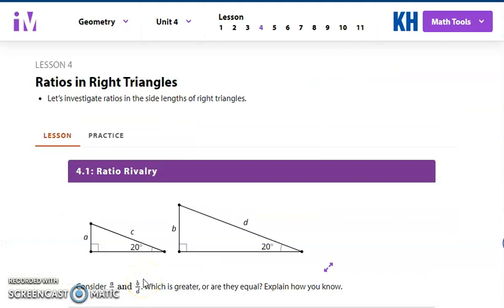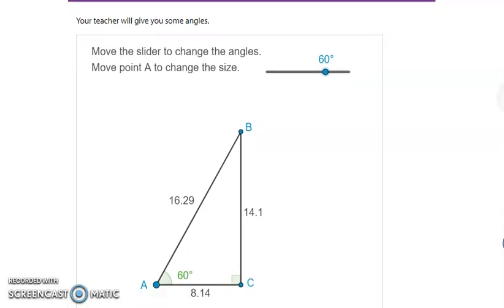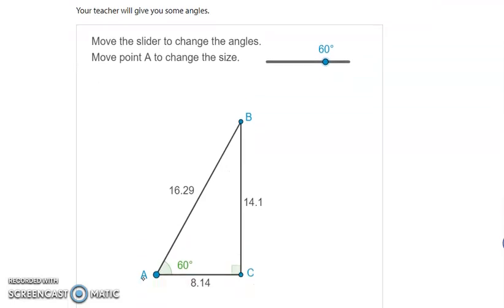It looks like this, called Ratios in Right Triangles. Actually, it is lesson 4 for the materials we're using. And if you scroll down to where it says Tons of Triangles, this is the app we're going to be using. If for some reason that app doesn't want to open up, there's another link for a GeoGebra app. And it's the same sketch.